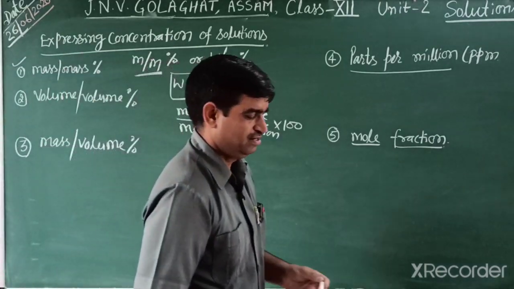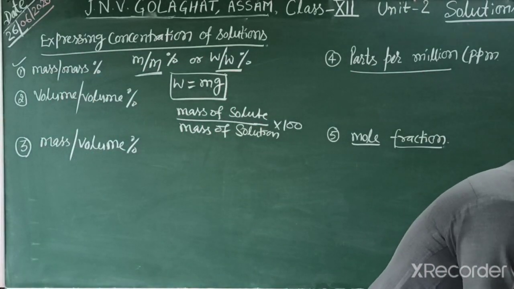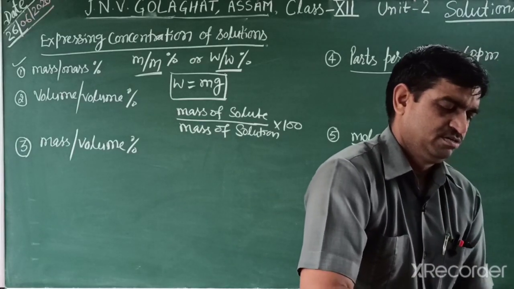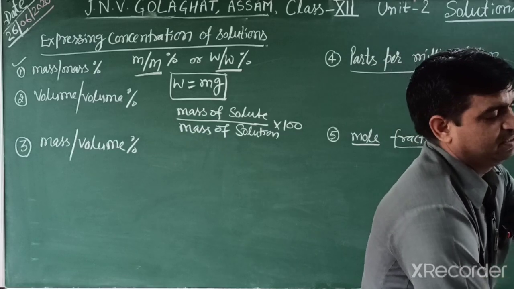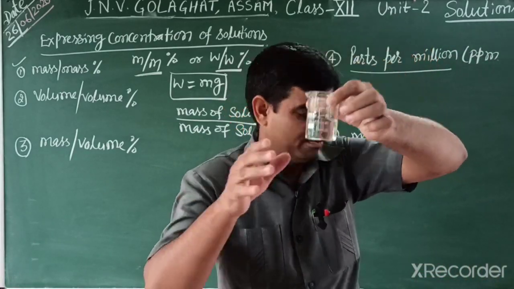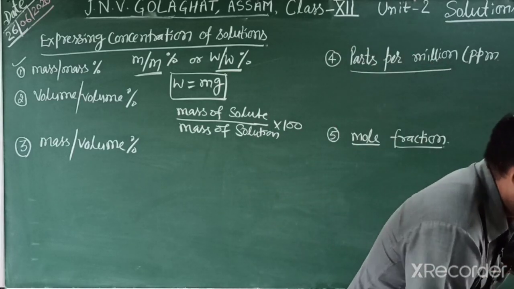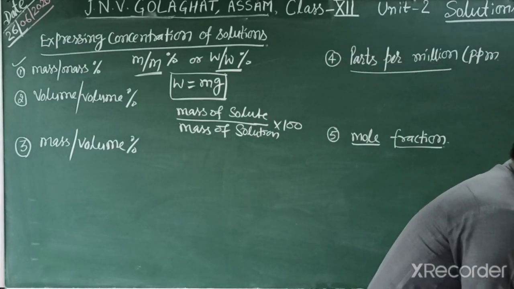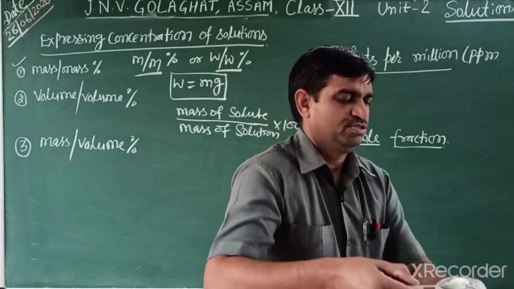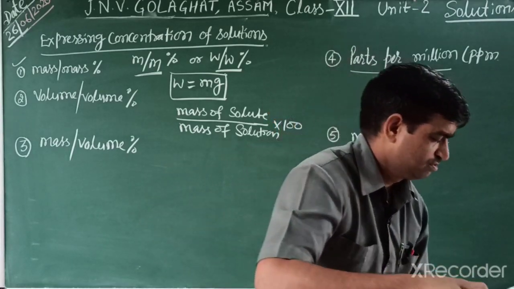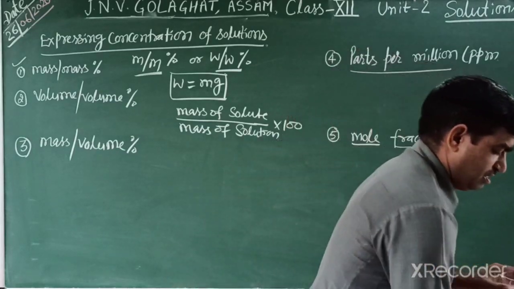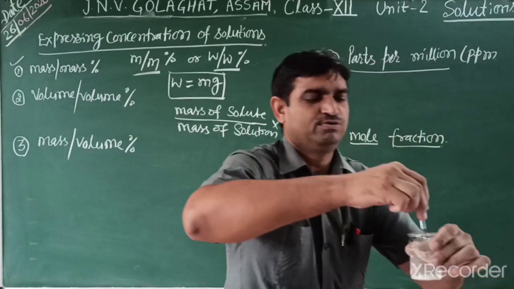For example, if you want to calculate this way, we take 20 gram of water, and if I put 2 gram of glucose in this, then this solution is a glucose solution.